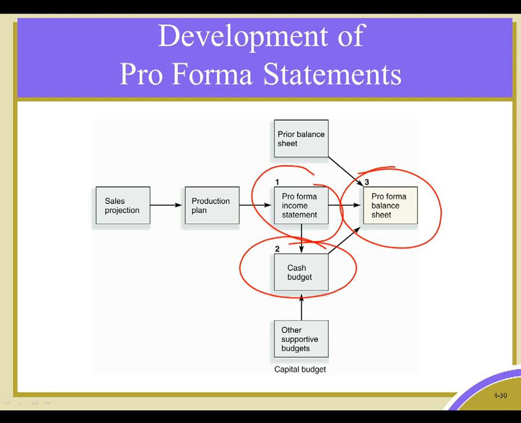You might prefer to just talk to the bank about those issues and borrow money from the bank. So anyway, we've developed our ProForma statements, and that's the basic process that we need to go through in the development. It's complex. Obviously, there are a lot of steps involved. It's not that hard once you've done it a few times, but the first few times that you're involved in it, it's clearly going to be a little puzzling sometimes.